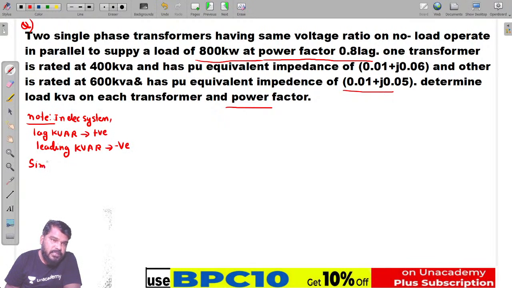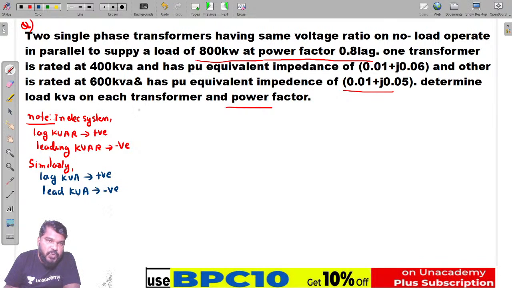Similarly, in this question, lagging kVA is positive, leading kVA is negative.